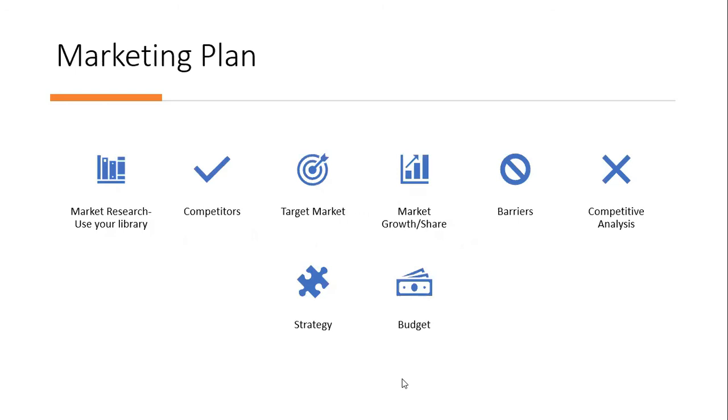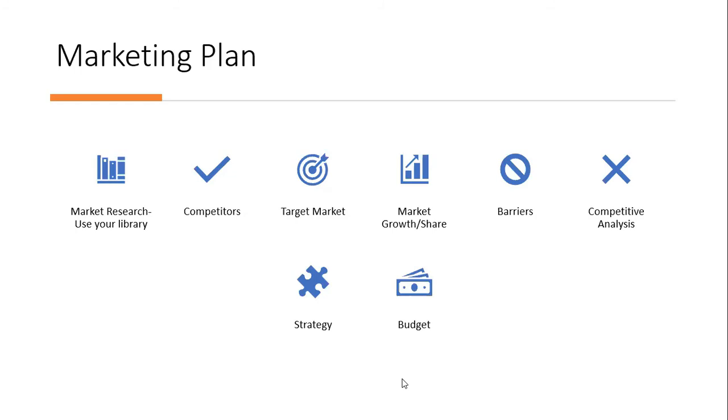The next section, your marketing plan. This is where you're going to find all of the research that you have completed on the market. I do advise you to use your library because the library has subscriptions to these databases that cost thousands of dollars, but you can access those for free if you have a library card.